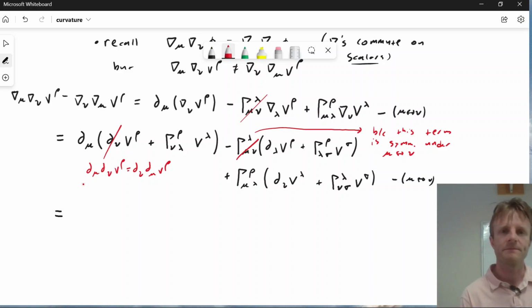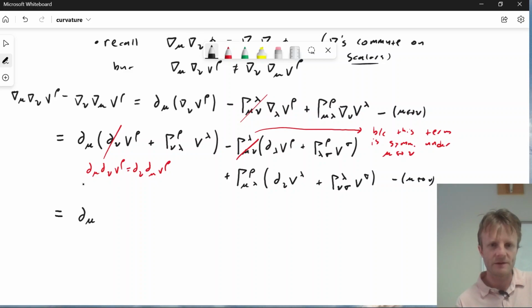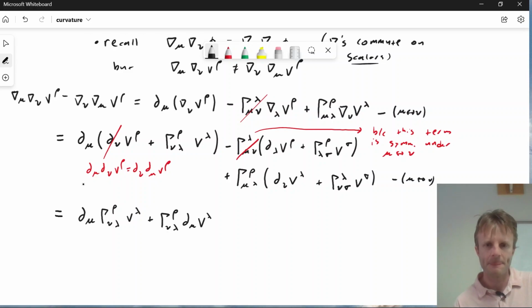That will cancel. So I see del mu acting on, I'm going to write one term with it acting on the Christoffel. So my notation is it doesn't act on v lambda. But then I'm going to also include that term, Christoffel lambda nu, del mu v lambda.